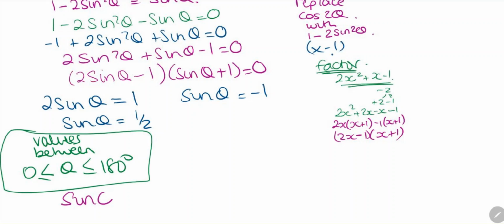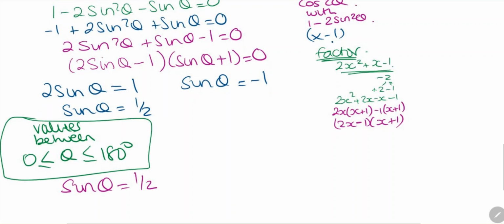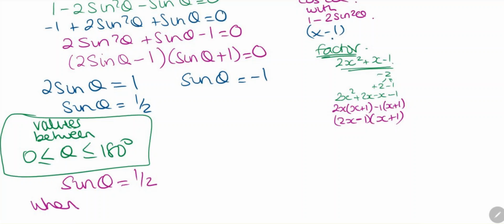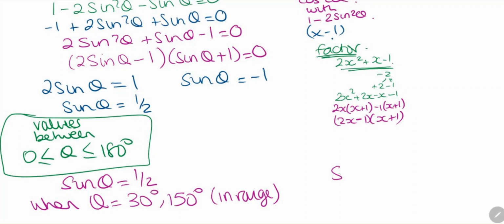So sine theta is a half, and we're working in degrees, so answers in degrees. So this is when theta is 30 and 150. This is in the range. And also over here when sine theta is minus 1, our values need to be between 0 and 180.